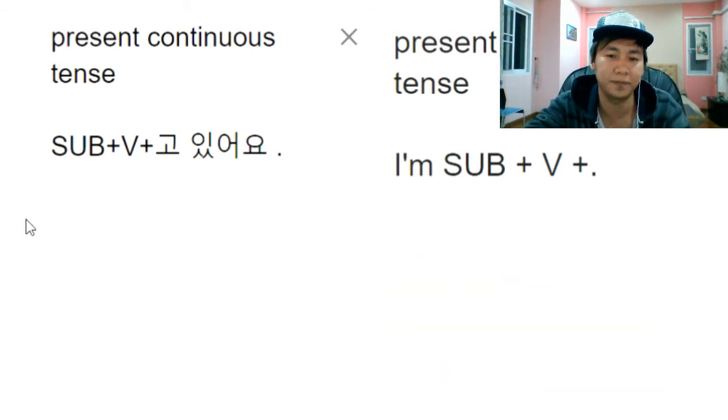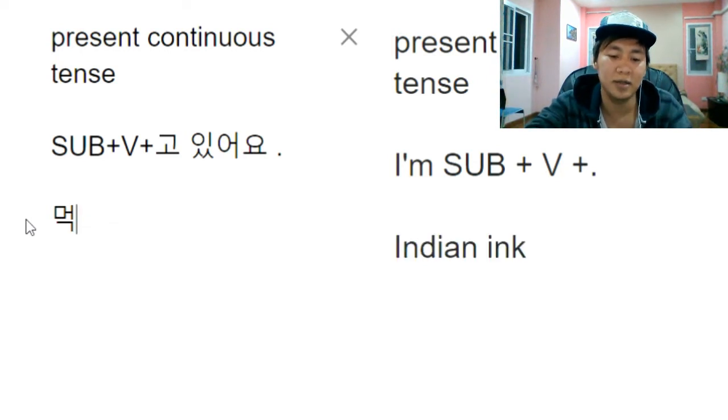먹다. To eat. Okay. Remove 다, and then add 고 있어요.